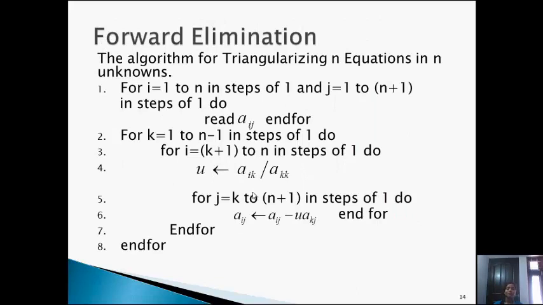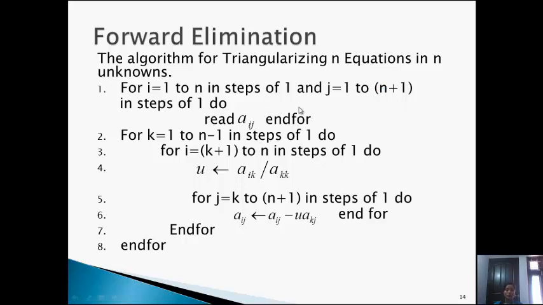Now here is our algorithm for triangularizing n equations in n unknowns. In the first step we have to read our equations. We put a for loop from i equals 1 to n, that is the total number of equations, in steps of 1, and j equals 1 to n plus 1, in steps of 1.